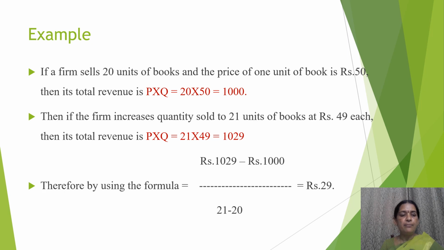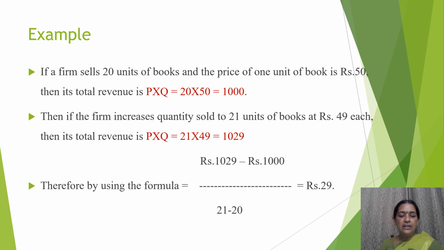Example for calculating marginal revenue: if a firm sells 20 units of books and the price of one unit of book is rupees 50, then its total revenue is P into Q, which is equal to 20 into 50, you will get 1000.